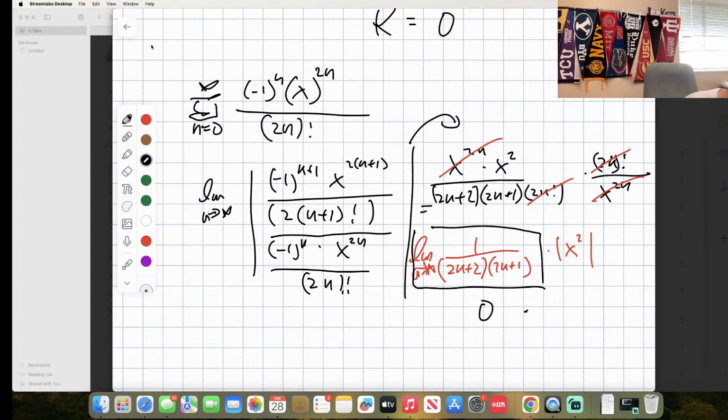Zero times zero, no, because it's technically being divided, bro. Wait, hold on a second. Because you're technically still doing x squared divided by. Hold on. No, bro, he's basically separating it. Doesn't matter, infinity times zero. Infinity is the bottom of it, it's not divided. No, hold on.